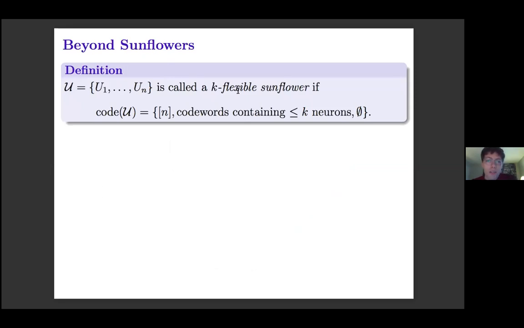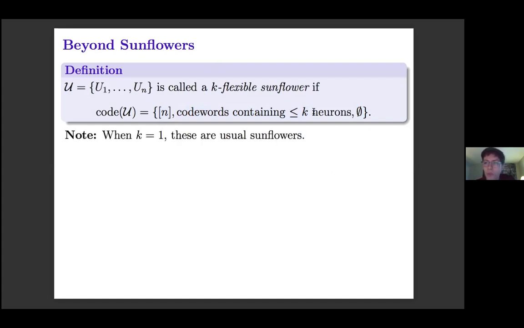So I'll define a notion of a k-flexible sunflower. Here the restriction I'm going to place is that I still have my code word 1 through n where all the sets meet. Then outside of that central region, not too many sets show up at once. I'm going to let k sets show up at once, or k neurons show up at once, but not more.